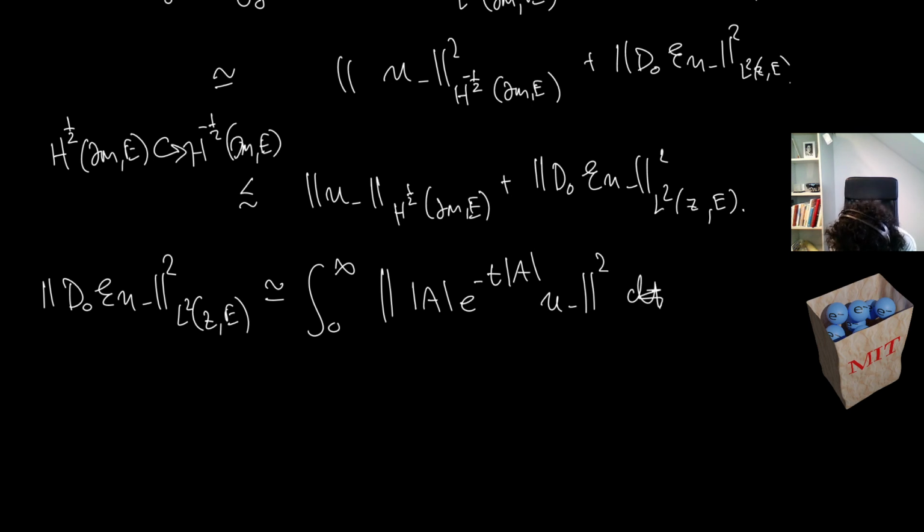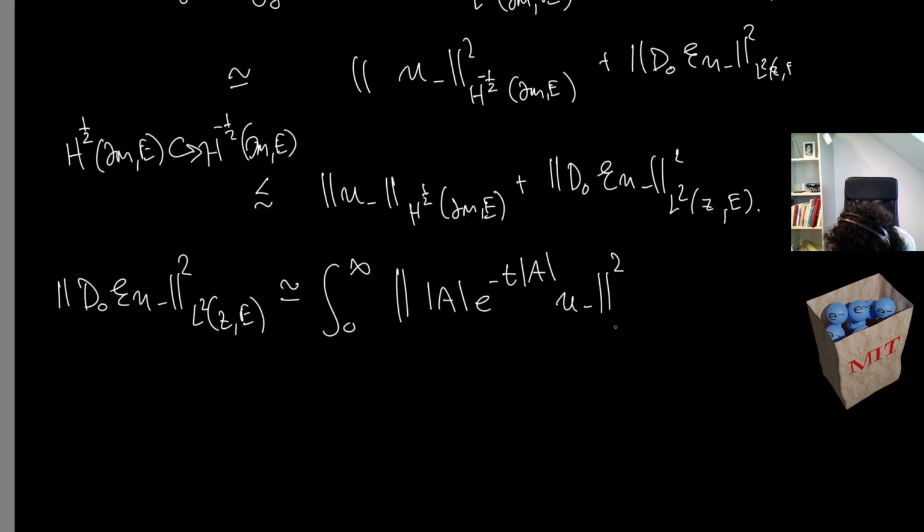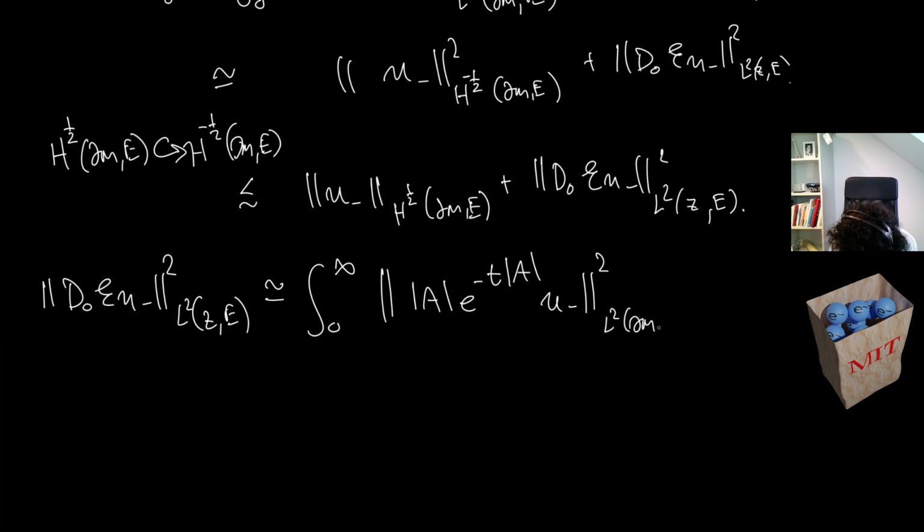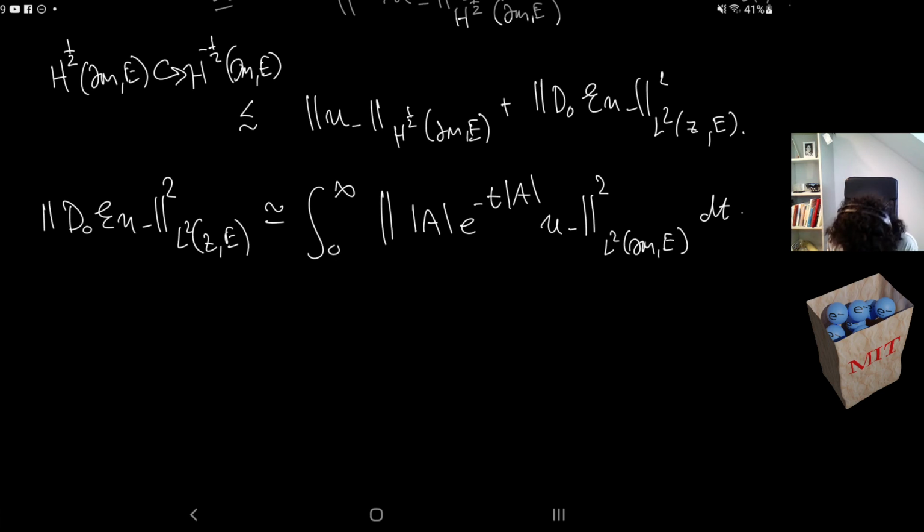This is an integral on the boundary. Now we do the same trick as before, but we've got this extra power of the operator a at hand. And again, we want to turn this into a quadratic estimate, because that's really the critical regime.